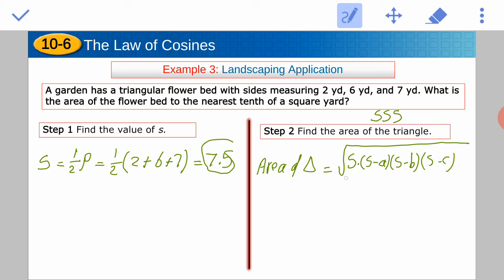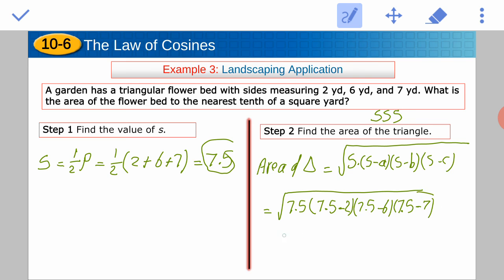Everything in parentheses, guys, and everything is underneath a square root. Now let's substitute that, guys. Big square root in order to have everything underneath. s, half the perimeter, is 7.5, times 7.5 minus the first side, minus 2, times 7.5 minus the second side, 6, times 7.5 minus the third side, 7.